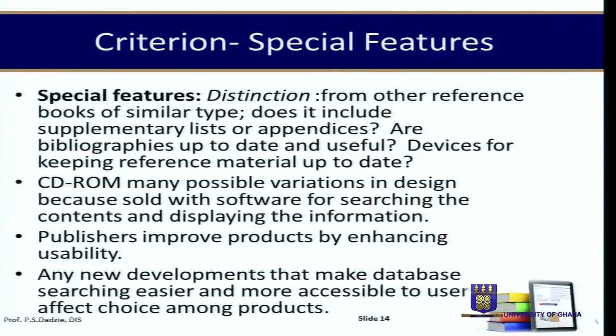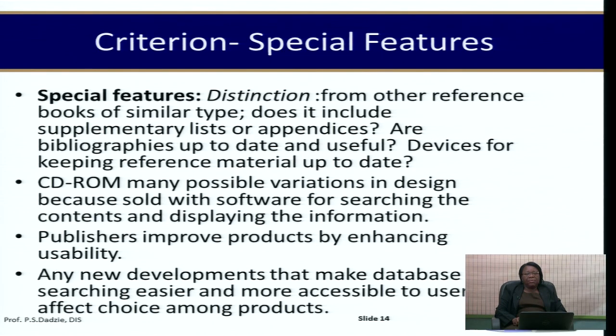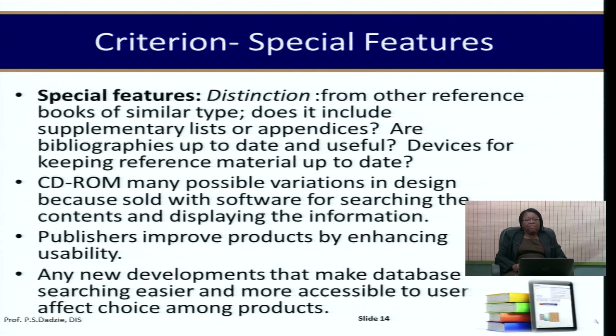Then the next criterion is special features. Under special features, you need to look at what is unique or what is the selling point of these materials. So in a particular material, does it have tables? Does it have pictures? Does it have photographs? These special features add to the usage of the particular reference materials.